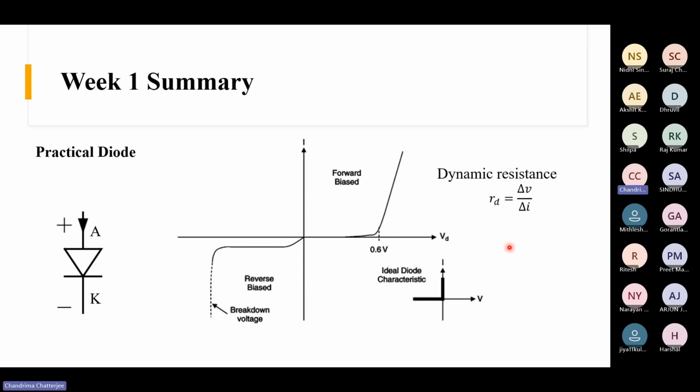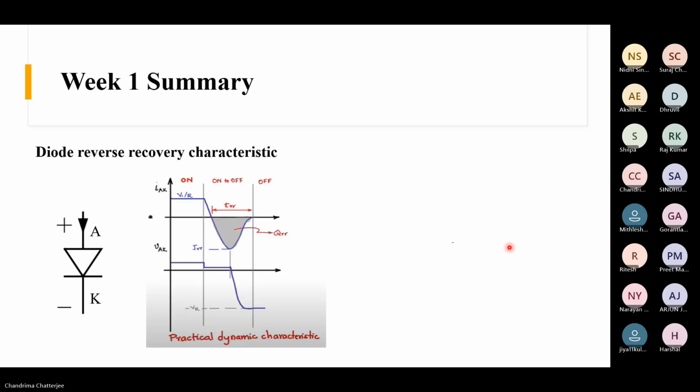So let's proceed to the next one. I was talking about the reverse recovery, right? When we apply a reverse voltage across the diode, suppose this is the initial condition when the diode was conducting, forward biased.